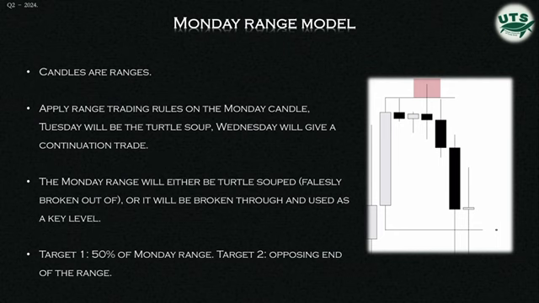Target 1 is always going to be 50% of the Monday range. Target 2 is the opposing end of the range. So in this instance, you have this candle, you mark it out. Turtle soup: as soon as you see this rejection, range, turtle soup, and rejected back into the range, you target 50% and the opposing end of the range.